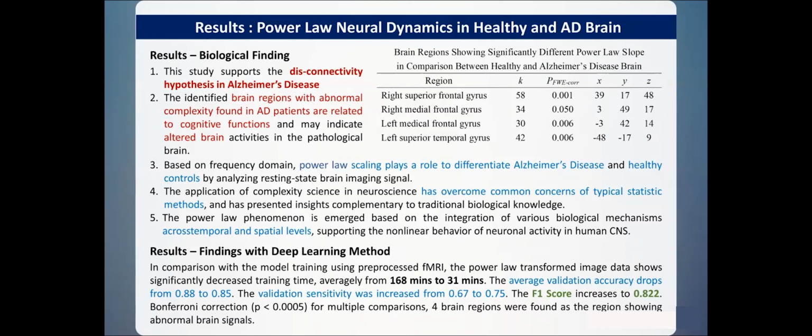Firstly, our findings support the current hypothesis about Alzheimer's disease, that of disconnectivity. As for the deep learning method, we find that by extracting those dynamic features as the input data to our model, the training time significantly decreases, and the F1 score increases from 0.822.